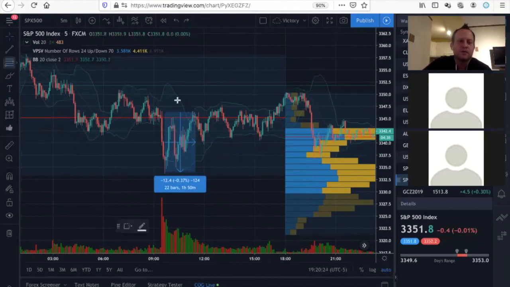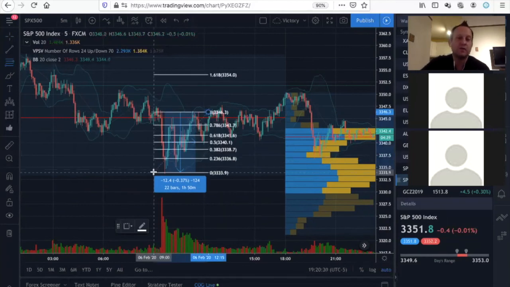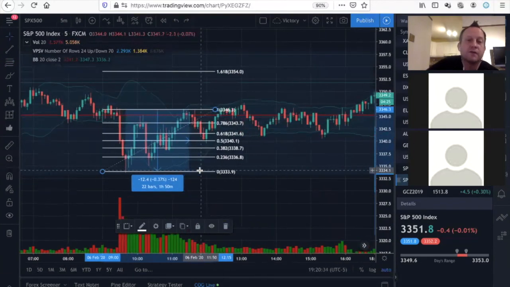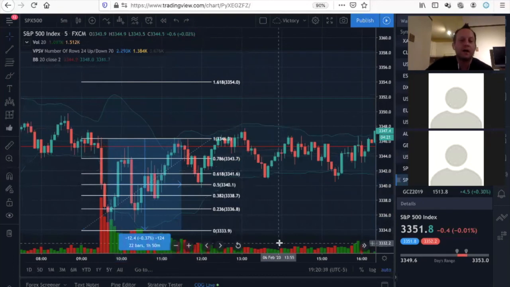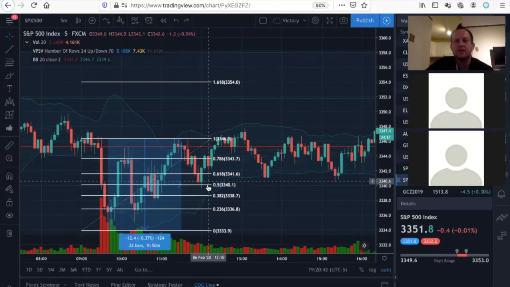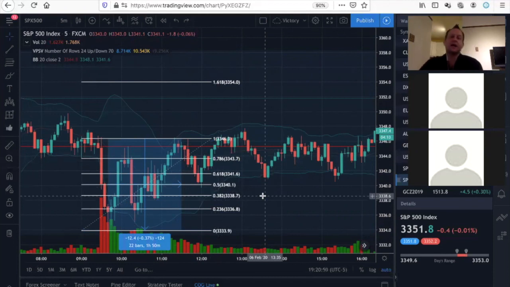So for example, if we see this behavior and we wanted to take a trade on this, we may wait for a retracement. And where is a perfect retracement? Well, if I take the Fibonacci of the initial balance here, notice it retraced right to this 50% mark. That's not an accident. That happens all the time.